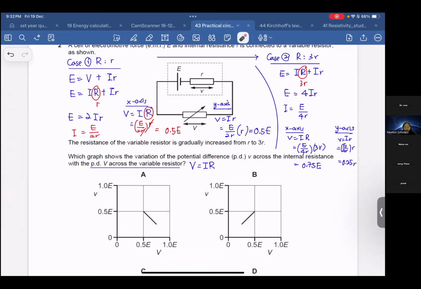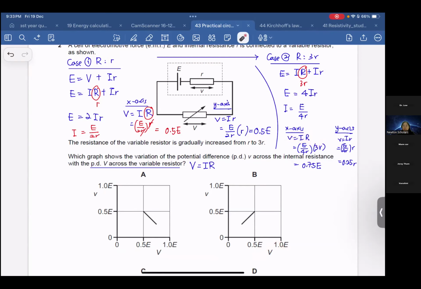Okay, so boys and girls, when in the first case R is small r, the point is 0.5 E and 0.5 E. This is our first point, okay? Now your resistor is 3R.